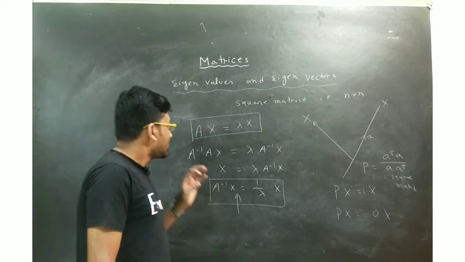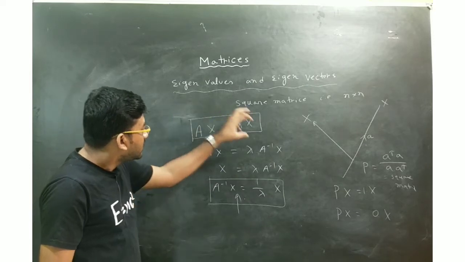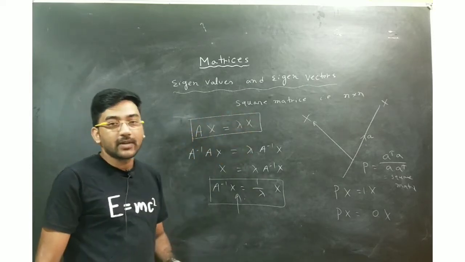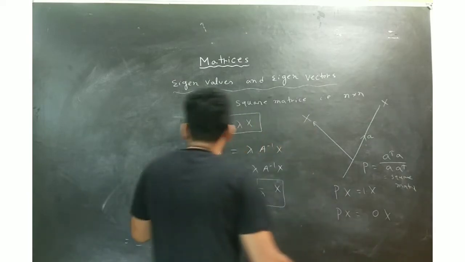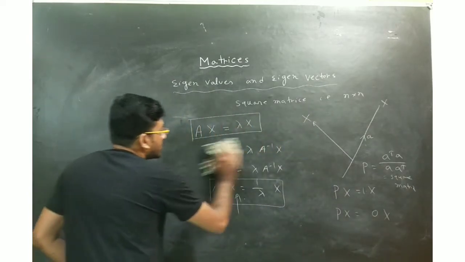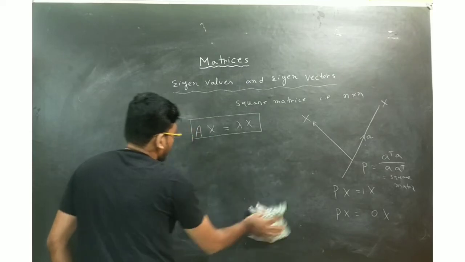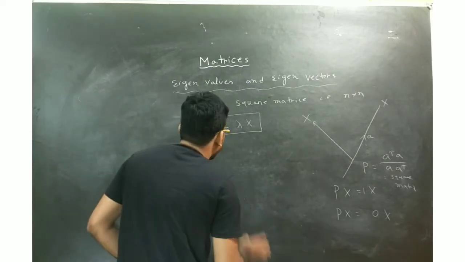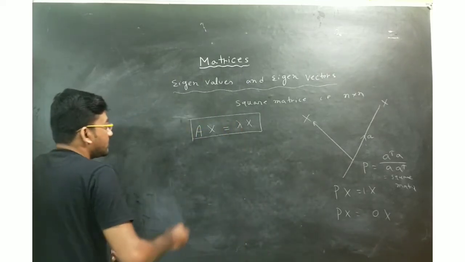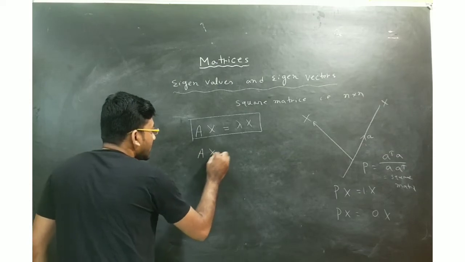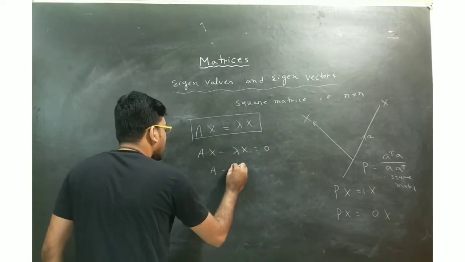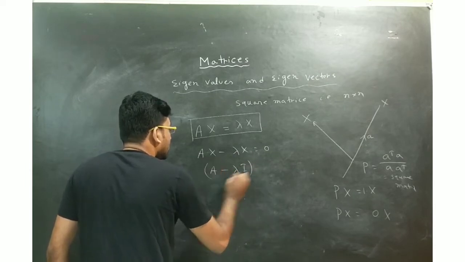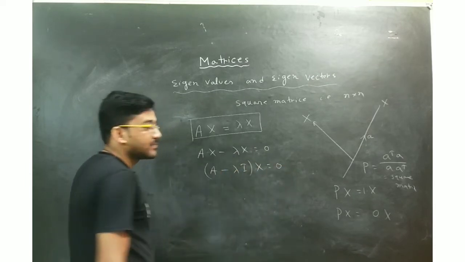Now the big deal is how you can find out the eigenvalue and the corresponding eigenvector. So let me tell you the procedure of finding the eigenvalues corresponding to an eigenvector. We can rearrange this equation in this form, that is Ax minus lambda x equal to 0, that means A minus lambda I into x is equal to 0.